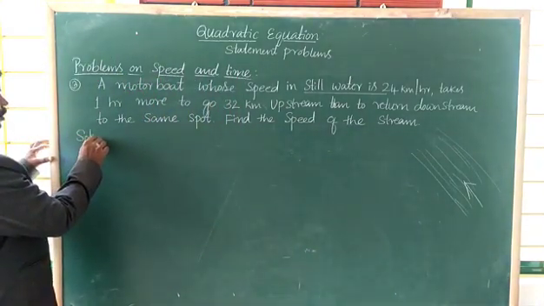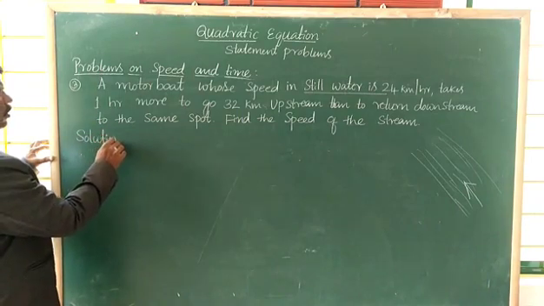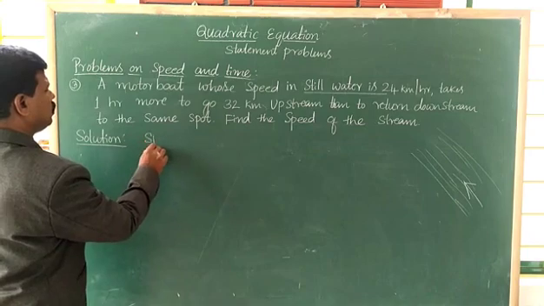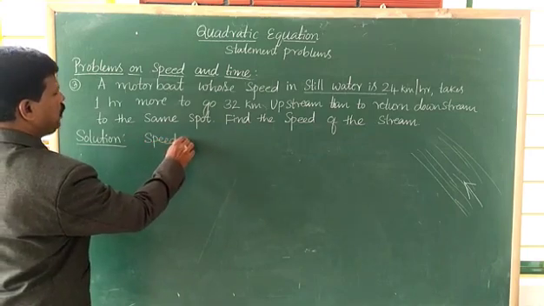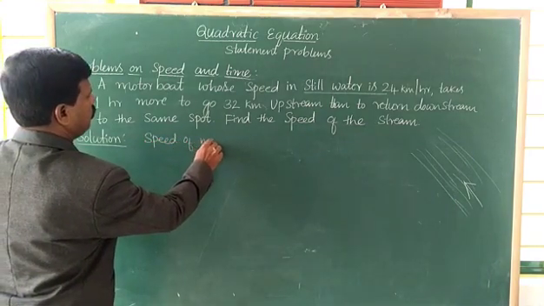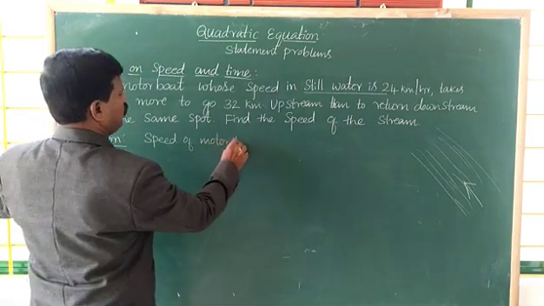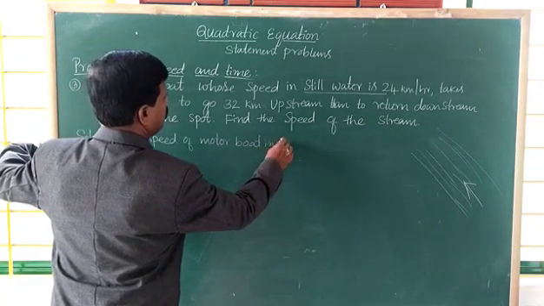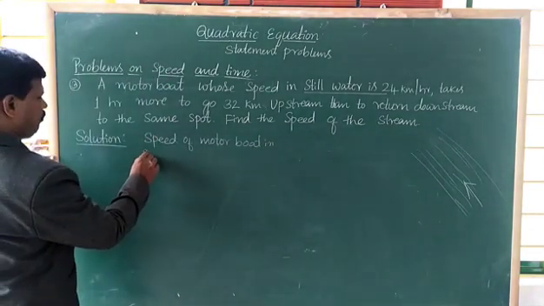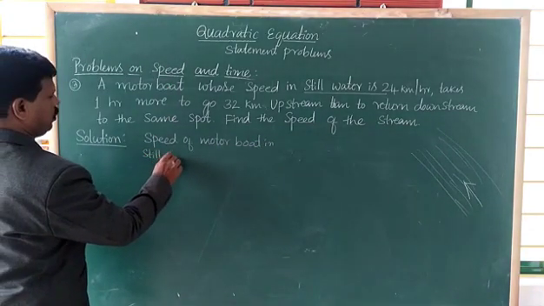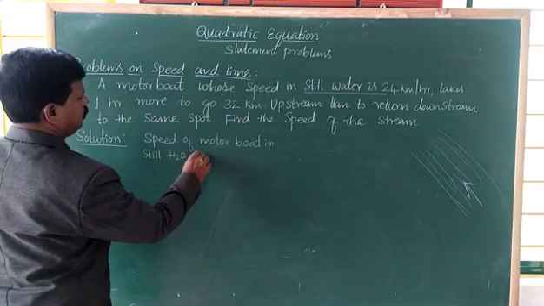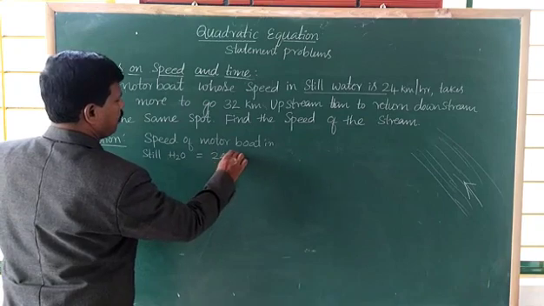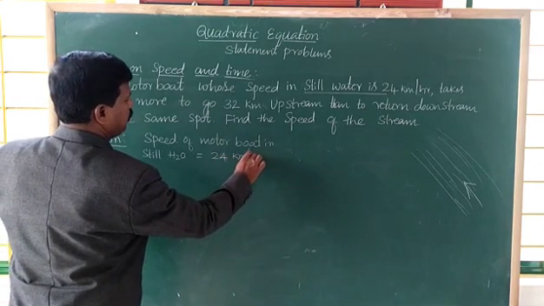So solution. Speed of motor boat in still water is equal to 24 km per hour.